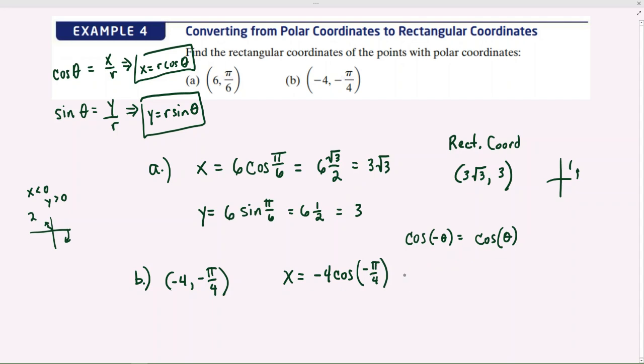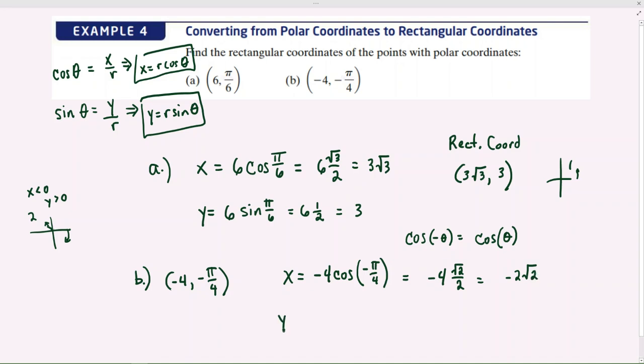So this is going to be equal to -4 times cosine of pi over 4, which is the same as cosine of -pi over 4. They're both going to be square root of 2 over 2. So that simplifies for x to -2 times the square root of 2.